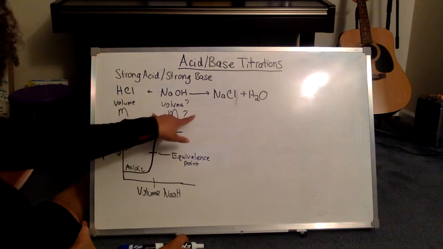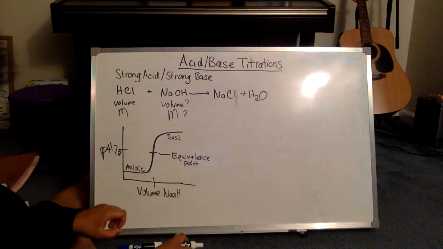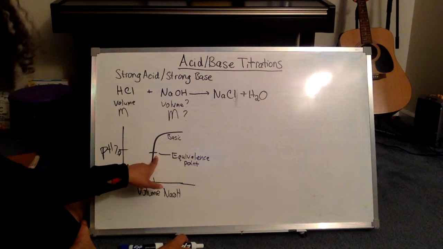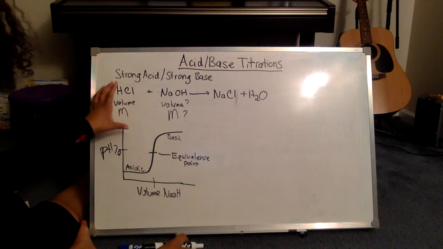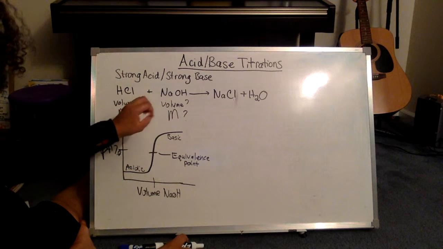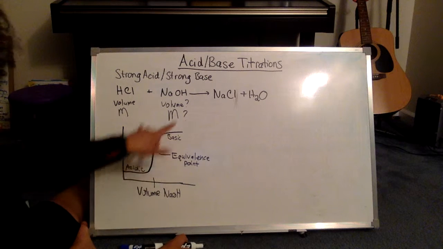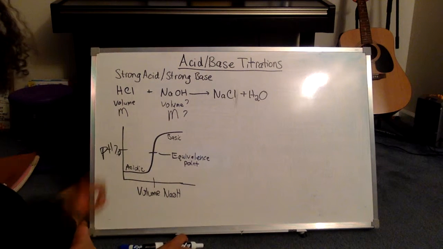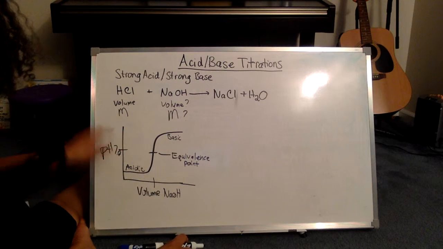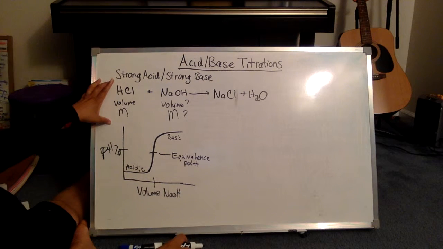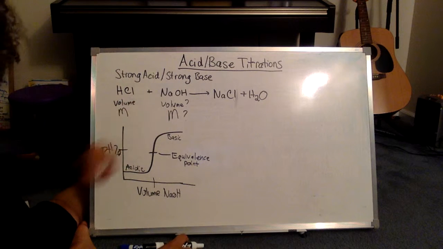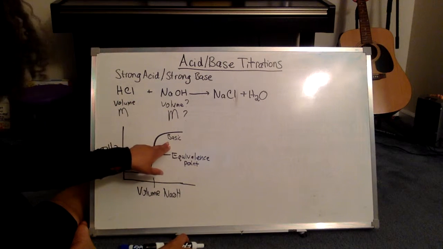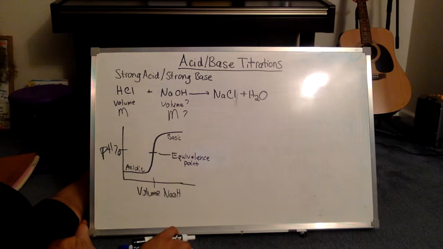If we add the exact same amount stoichiometrically, then we reach the equivalence point, and we're going to have a pH exactly in the center, where all of the acid is neutralized by base. And if we have an excess of base, then all of the acid is fully consumed and goes to salt, but then we're going to have some leftover OH that's present. And so that's where the pH is going to be high in the basic region.